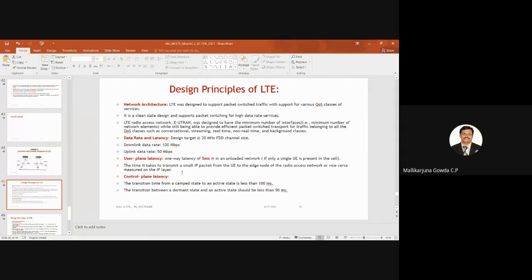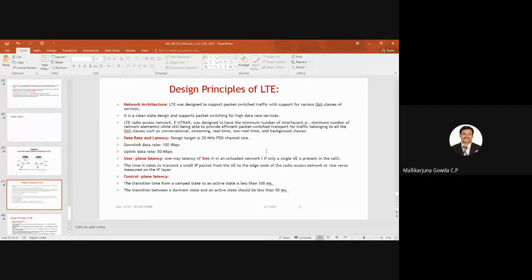It is decided that for LTE, the one-way latency is 5 milliseconds, at an unloaded network. An unloaded network means only one single user equipment is in the cell. If more users are in the network, we say it is a fully loaded network.